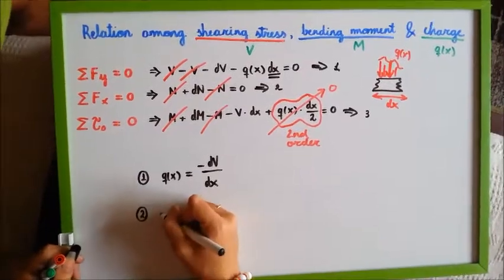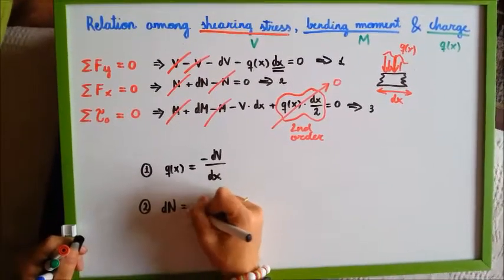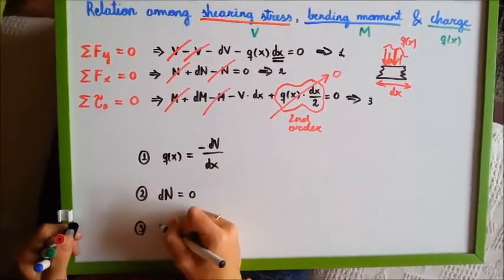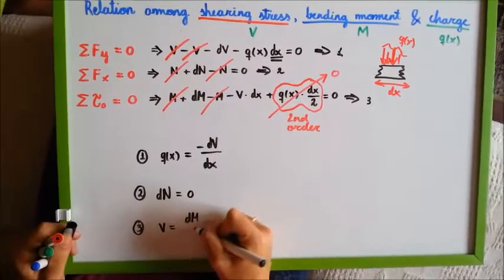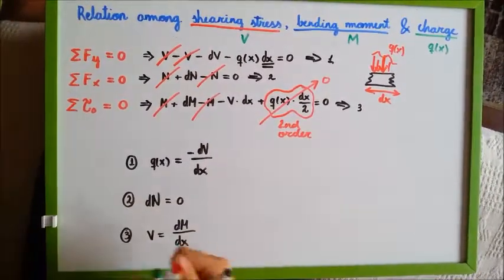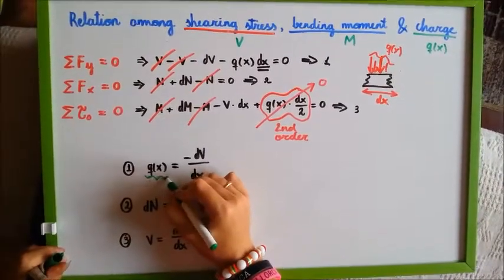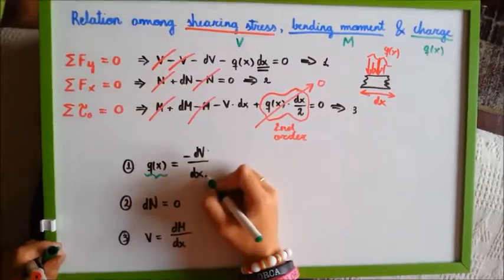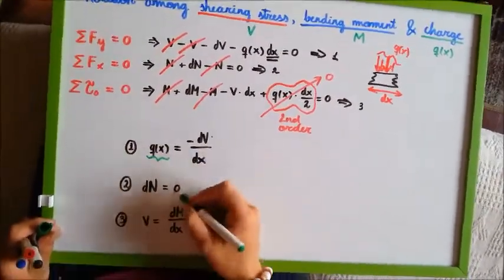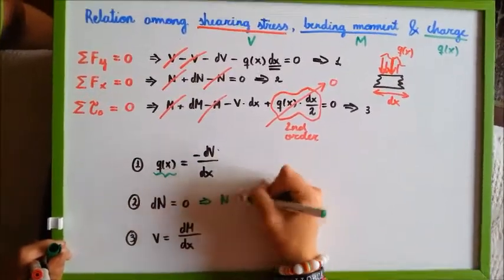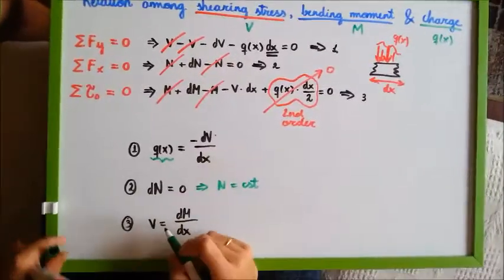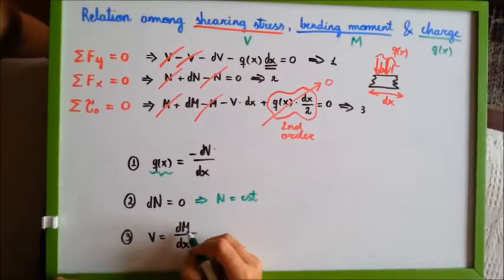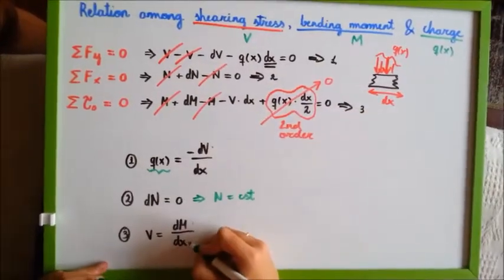From the second equation, we obtain that dN equals 0, and from the third equation, we obtain that V equals dM over dx. So what does it mean? That the load distribution equals the negative derivative of the shearing stress with respect to the length, that dN equals 0, that means that N is constant, and that we also obtain that the shearing stress is the derivative of the bending moment with respect to the length.